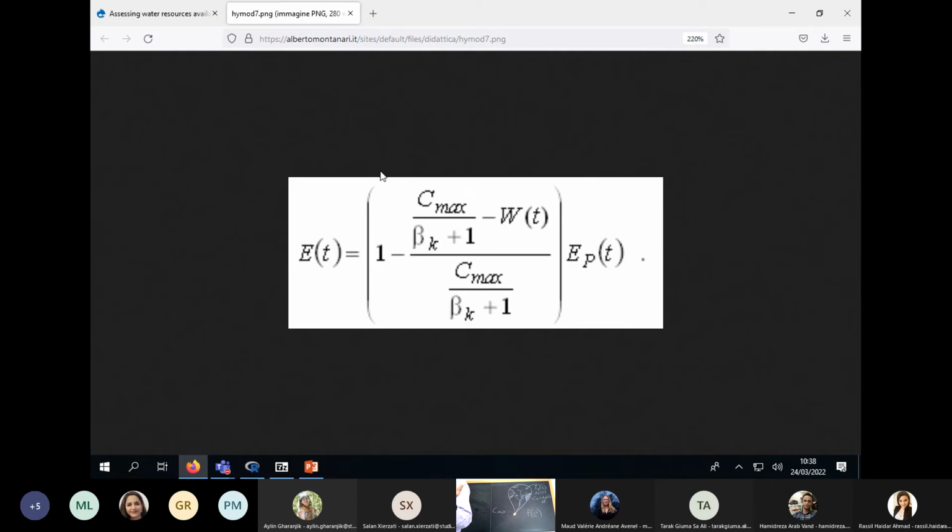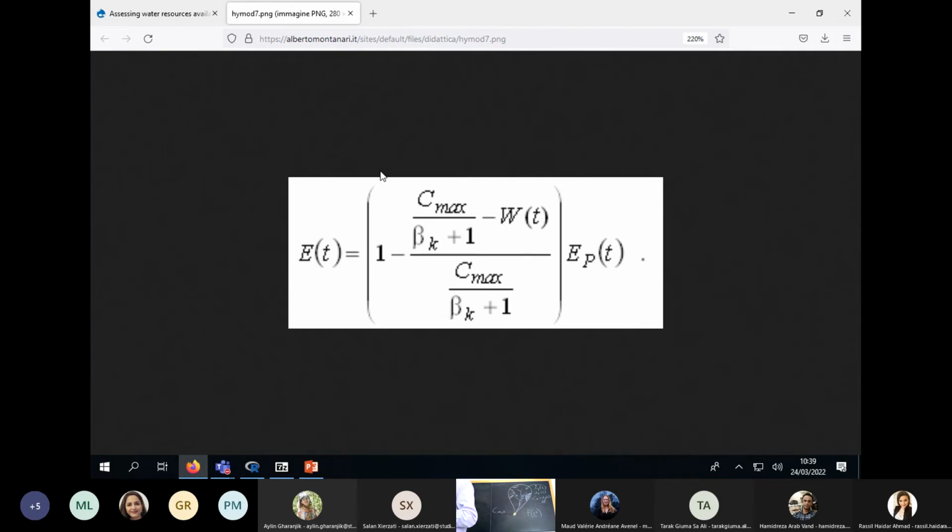Of course, if WT is equal to the max, you have 0 at the numerator. And then you divide it by the max of WT. So this is a measure of relative saturation. If the relative saturation is 1, then it means that WT is equal to 0.